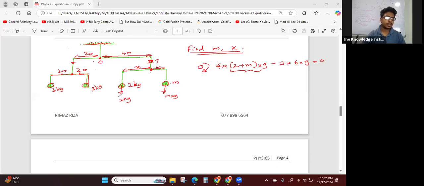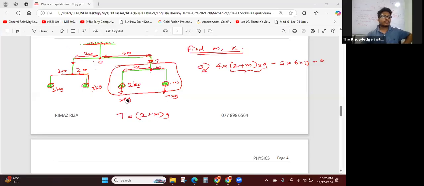So if you consider the vertical equilibrium of this part, then you get T, upward force, equals downward force, 2g plus mg, which is 2 plus m into g. Okay, is that clear? If you have any question, let me know.